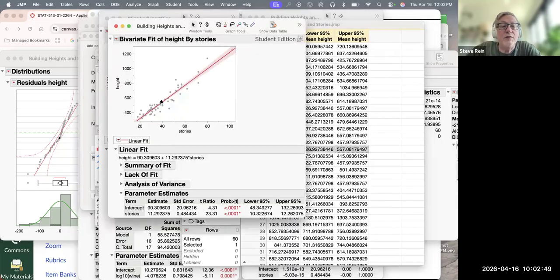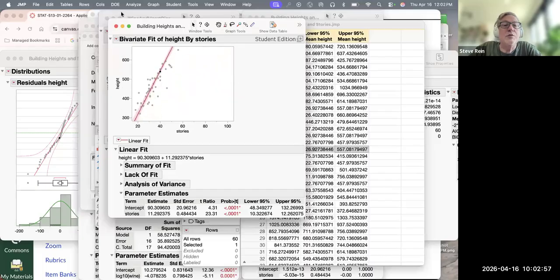At 40 floors, we're going 527 to 557. That's a range of values, which is pretty narrow. If I were to zoom out, and then let's make it wider so I can see only the 40 there. We're saying if x is 40, the average y is 527 to 557.